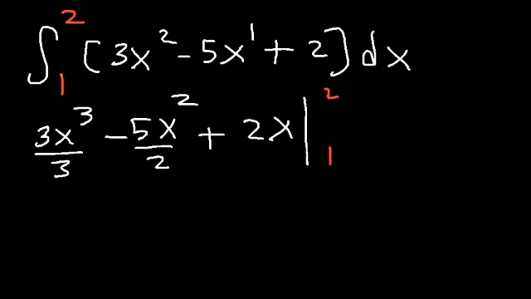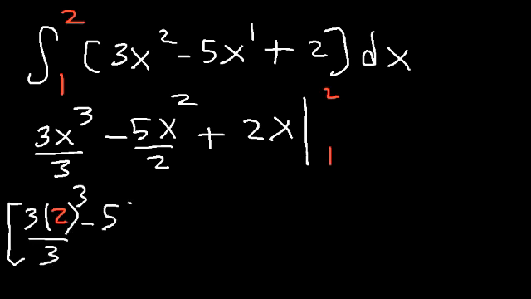So let's plug in 2 first. So it's going to be 3 times 2 raised to the third power divided by 3 minus 5 times 2 raised to the second power divided by 2 plus 2 times 2.